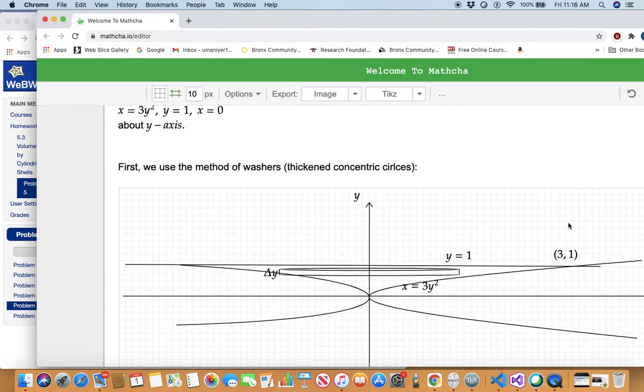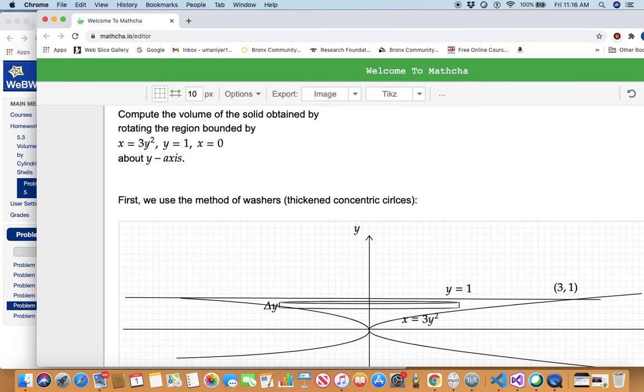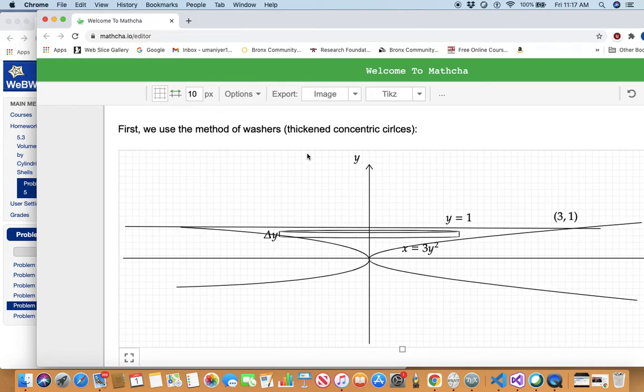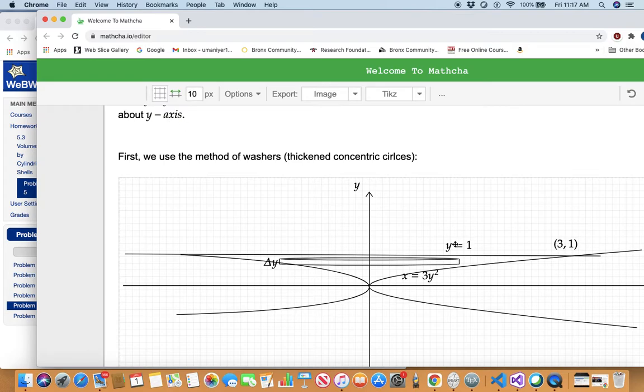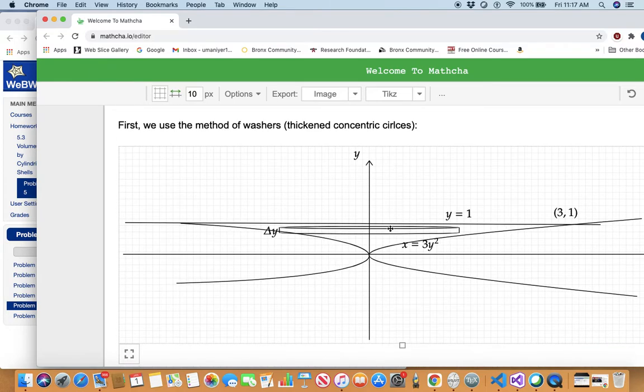Now, you want to take the region between that curve, y equals 1 and x equals 0. So, the curve, the line, and the y-axis. So, that region you want to rotate about the y-axis. So, if I use Washer's method, that is thick and concentric circle, the thickness is up-down. So, thickness is delta y.